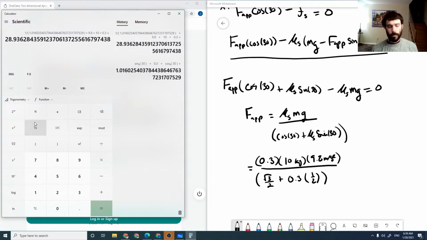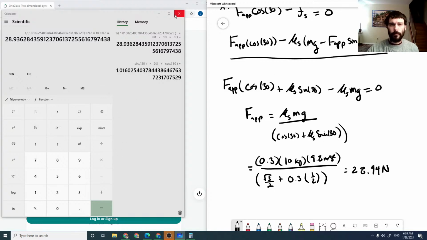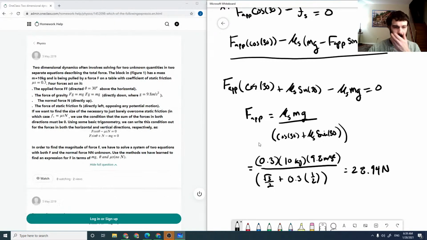So this is 28.94 newtons. All right, so there's our applied force such that we just overcome our static friction.